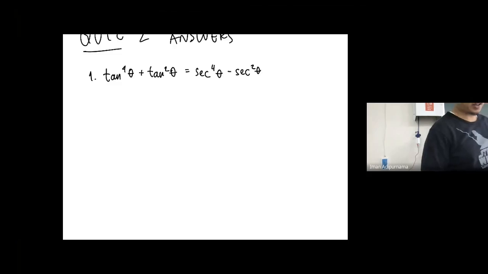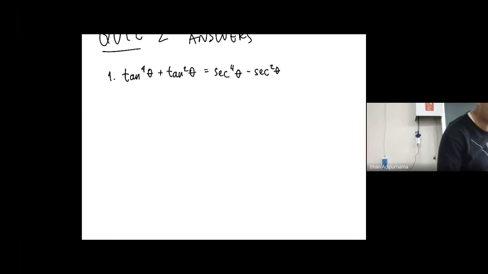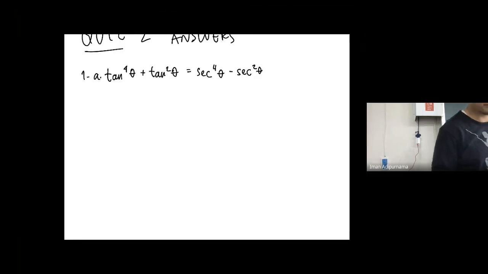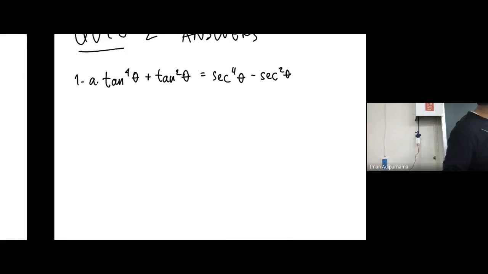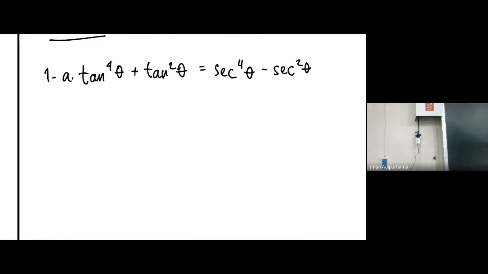Okay, verify the identity. So I think this should be 1A. Tangent with the power of 4, tangent squared, secant to the 4, secant squared.